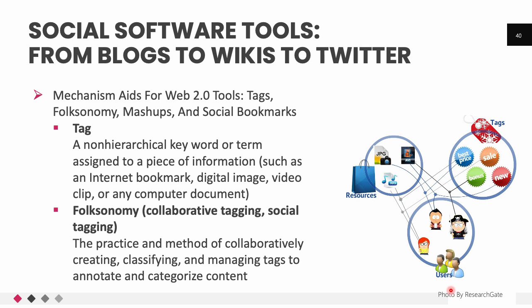Okay, so first let's talk about tags. The slide defines it as a non-hierarchical keyword or term assigned to a piece of information, such as an internet bookmark, digital image, video clip, or any computer document.